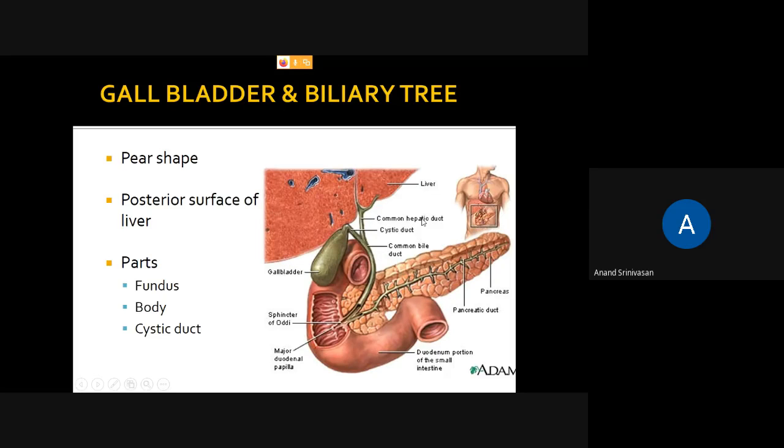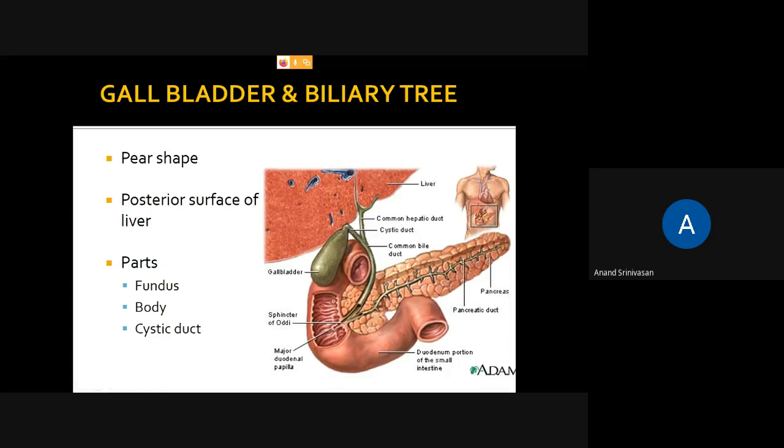The common hepatic duct then joins with the cystic duct to form the common bile duct. The common bile duct then comes down, joins with the major pancreatic duct, and opens through the duodenal papilla in the second part of the duodenum.